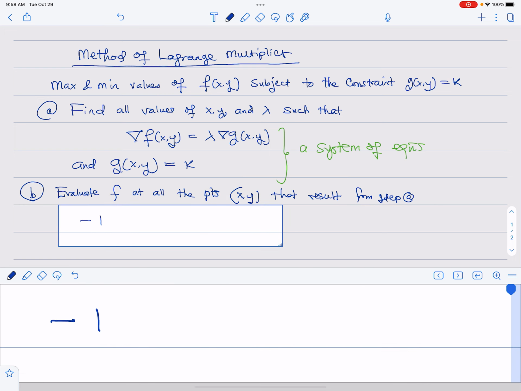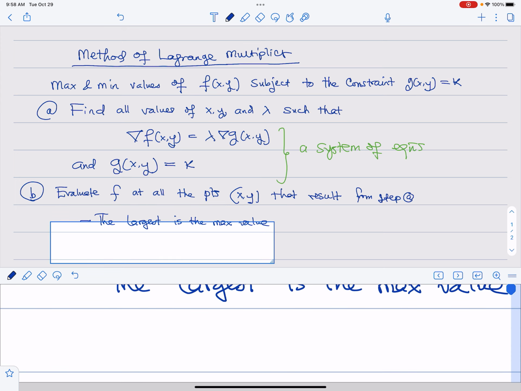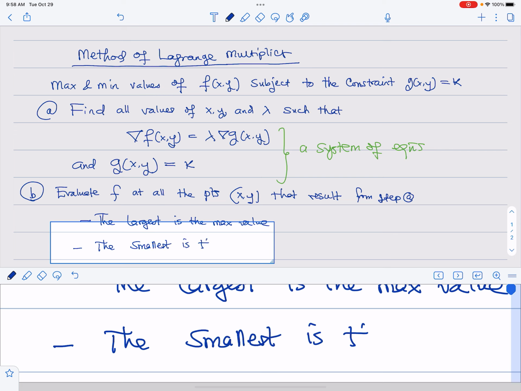And the largest of these values is the maximum value, and of course the smallest is the minimum value.